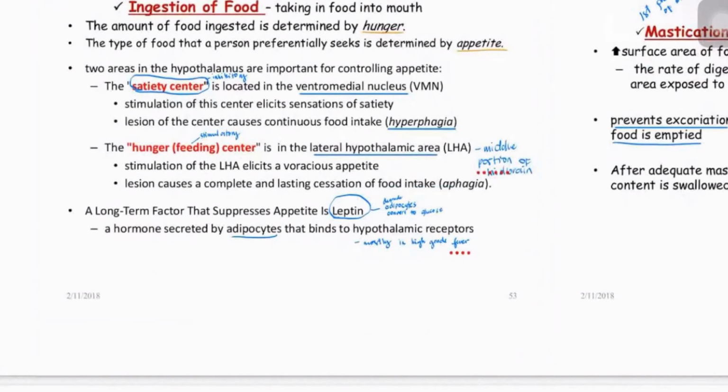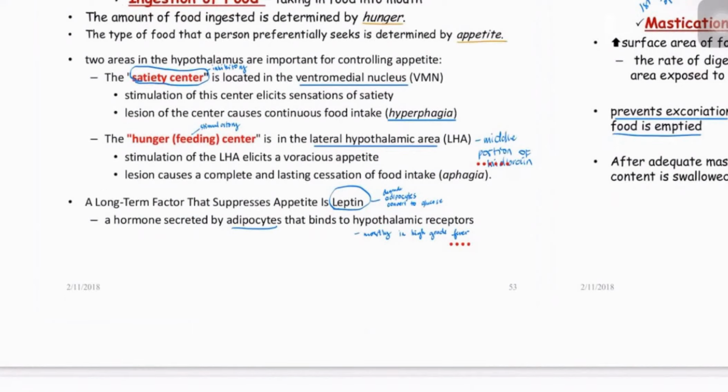The satiety center is inhibitory, located in your ventromedial nucleus, your VMN, and it elicits your sensation of satiety. A lesion of that center can cause continuous food intake, or what we call hyperphagia.